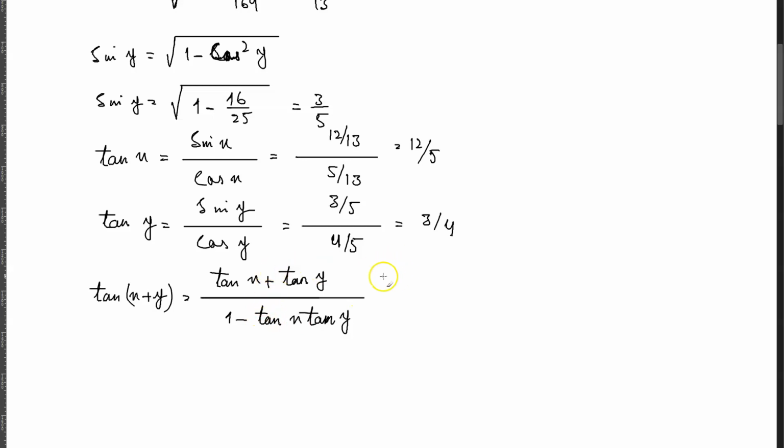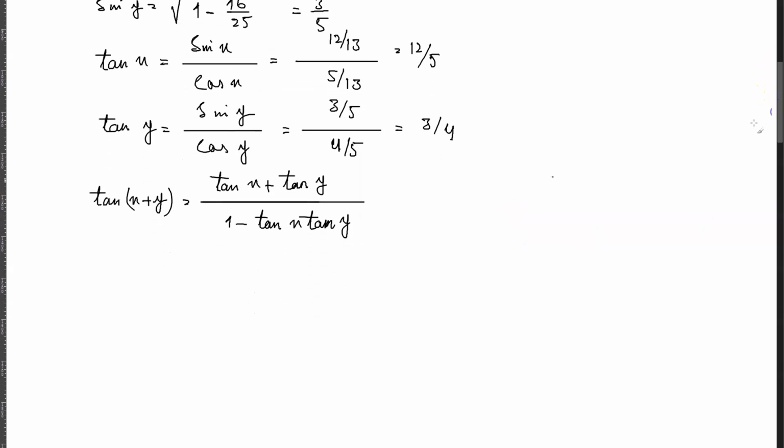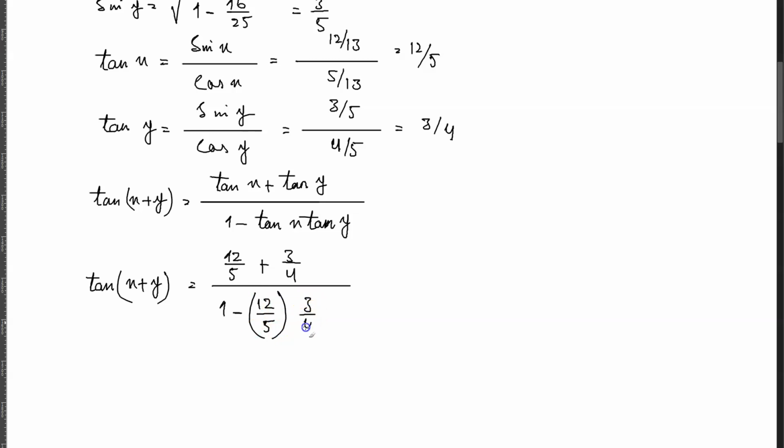So which means that basically, tan of x plus y is equal to 12/5 plus tan y, which is 3/4, over 1 minus 12/5 times 3/4.